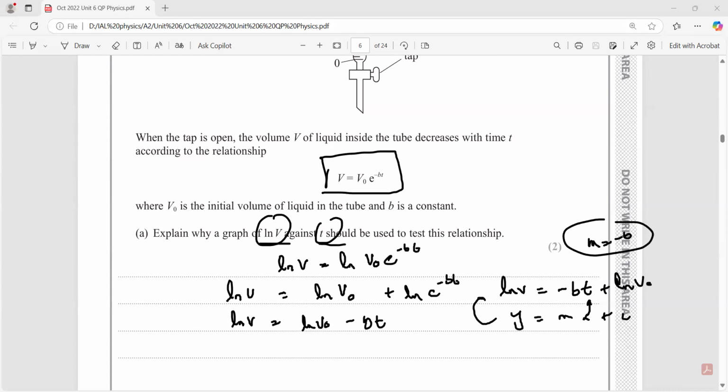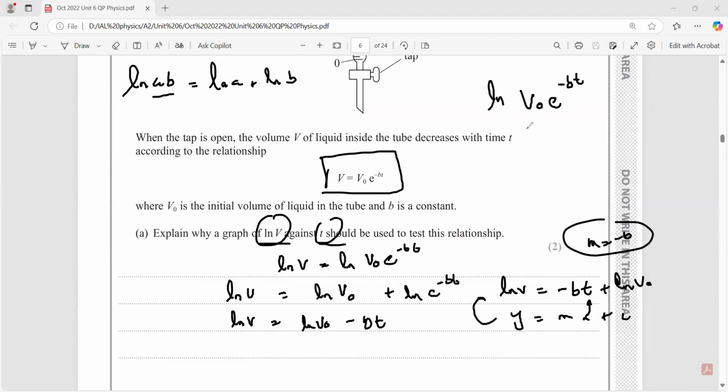Is the BT multiplied with ln V naught? No, it is not multiplied. It is written V naught multiplied by e raised to the power minus BT. When you take ln on both sides, the rule for ln is that ln A into B becomes ln A plus ln B. So when two quantities are multiplied inside ln, we write them as addition.